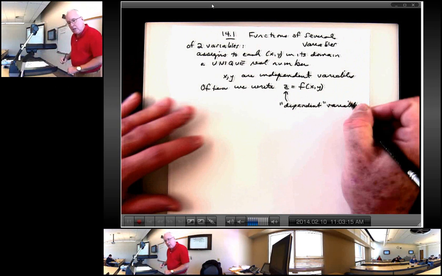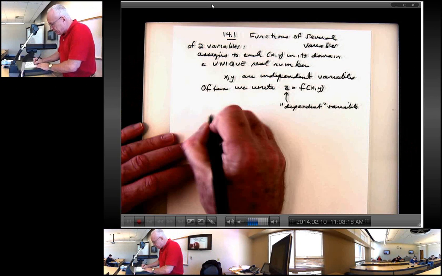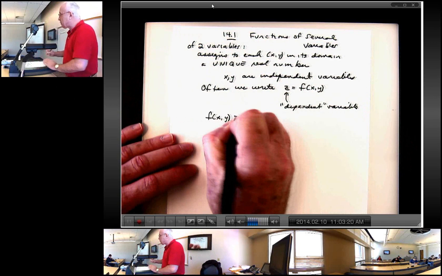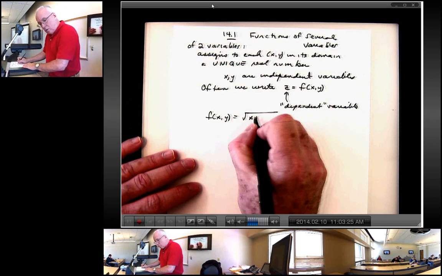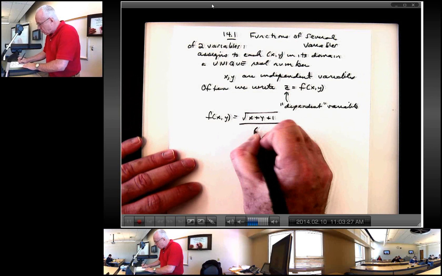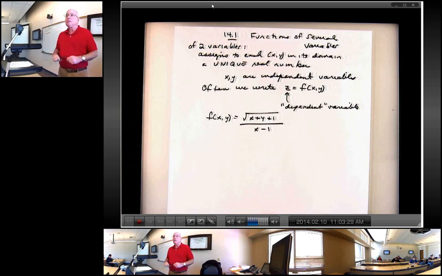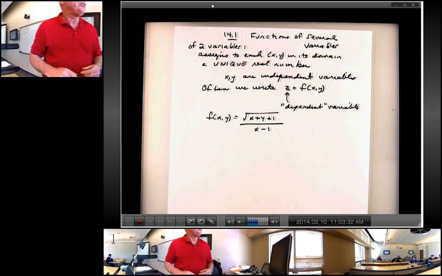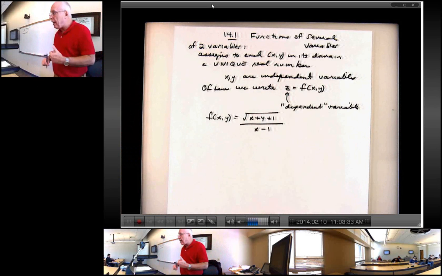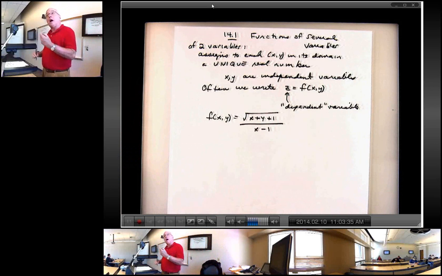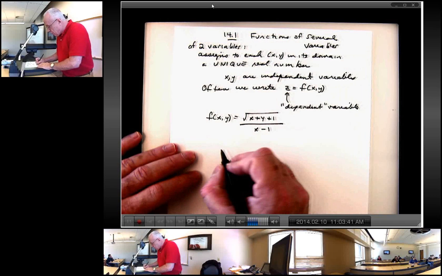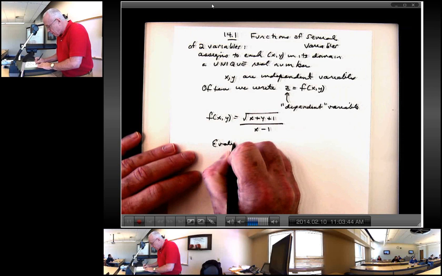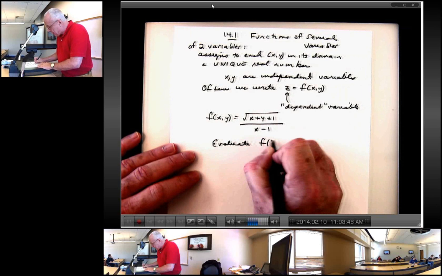All right. So just a few examples here: f(x, y) equals the square root of (x + y + 1) all over (x - 1). So we see that there are two variables here, x and y, and for each value of x and y, we have a unique value for the function. So say you want to evaluate f at (3, 2).